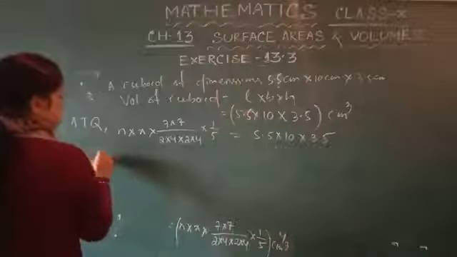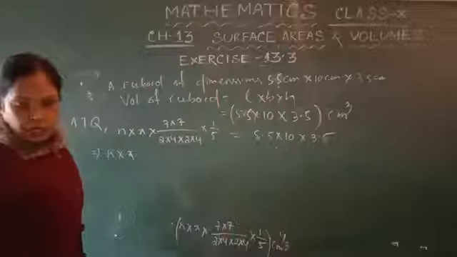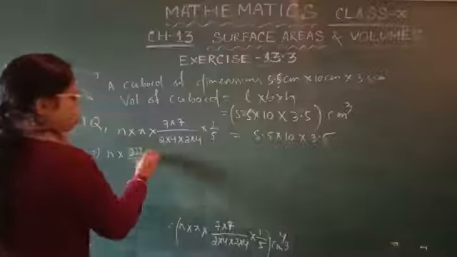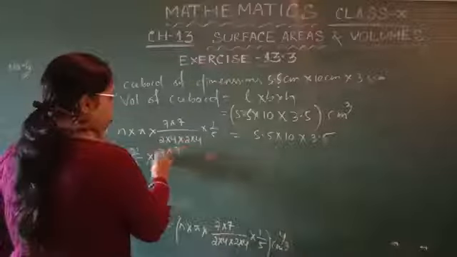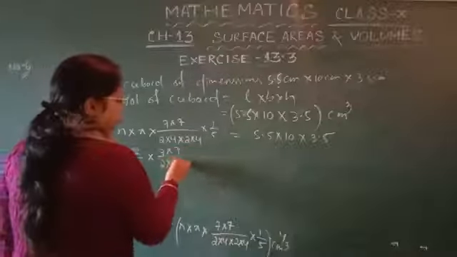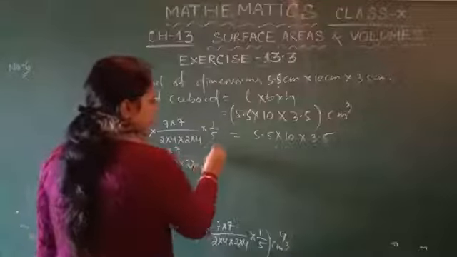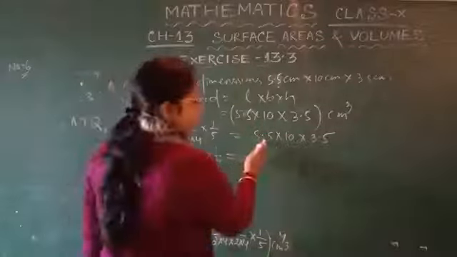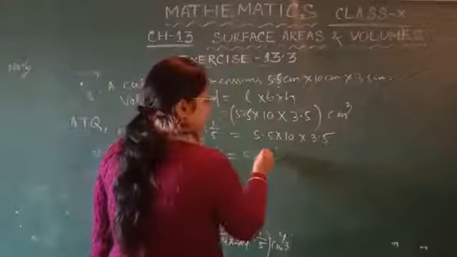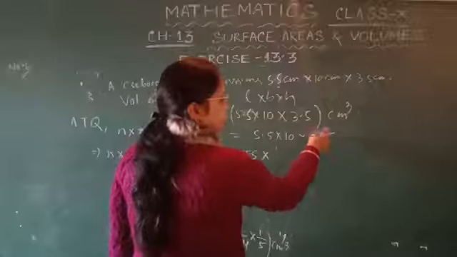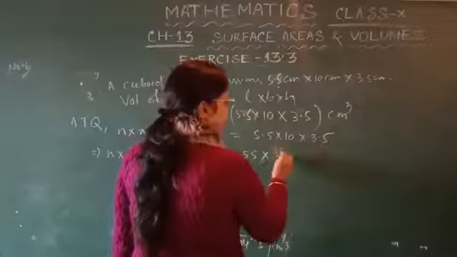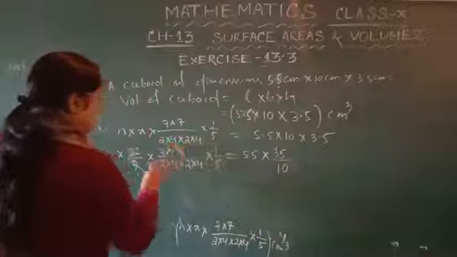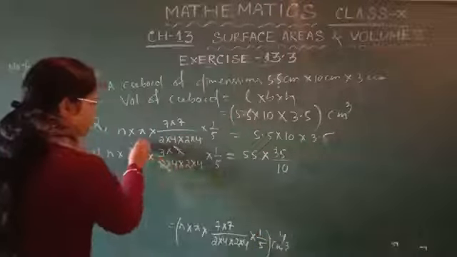So this implies n into pi, the pi value here is already given, 22 upon 7, into 7 into 7 upon 2 into 4 into 2 into 4 into 1 upon 5 is equal to, removing the decimals, 55 into 35 upon 10. Okay, now 7 cancel, 2 here 11.